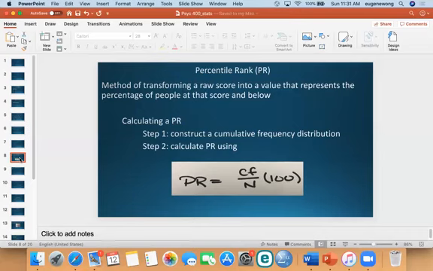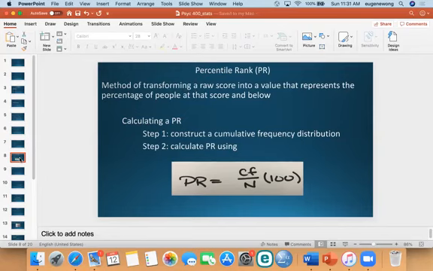So by default, you know the total number of people must be 100%, so you know the percentage of scores above this particular value. In other words, when we're using percentile ranks, we're trying to describe a particular score, not a whole set of scores, but a particular score.